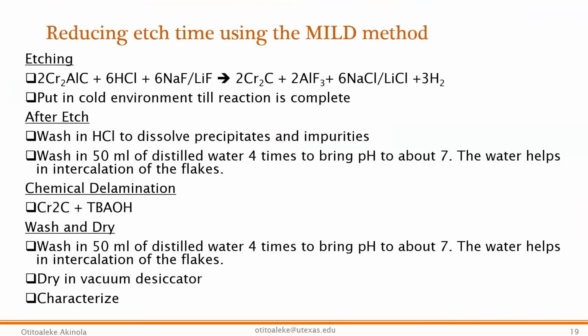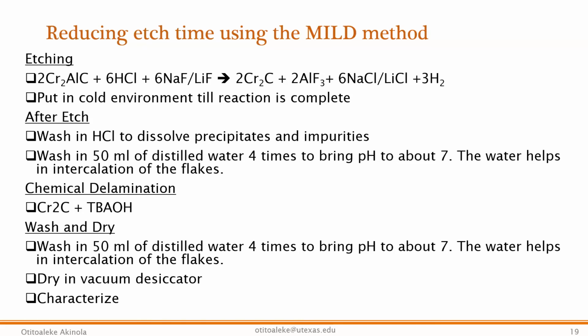So using the third method, I set up my experiment using this chemical equation as shown here, and then I conducted the experiment in a cold environment until the reaction was complete. After the etch, I washed in hydrochloric acid to dissolve the precipitate and impurities, and then washed in DI water up until a pH of 7.